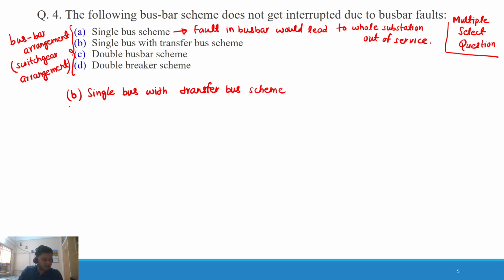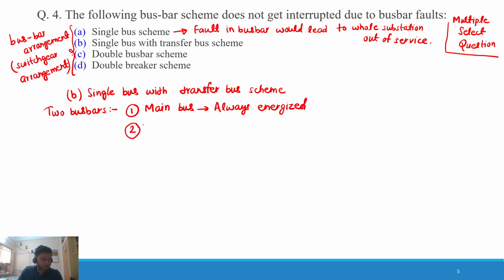In this we have two busbars. The first one is the main bus that is always energized, from which the loads take power.